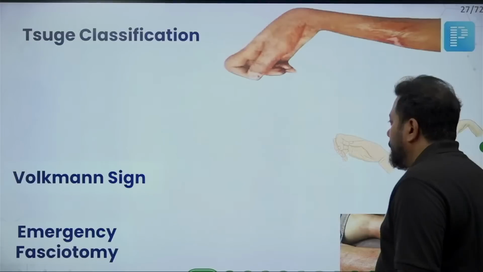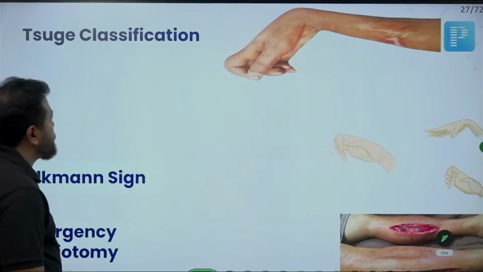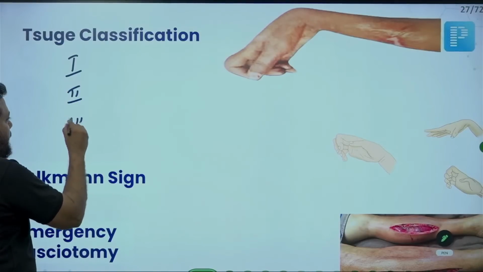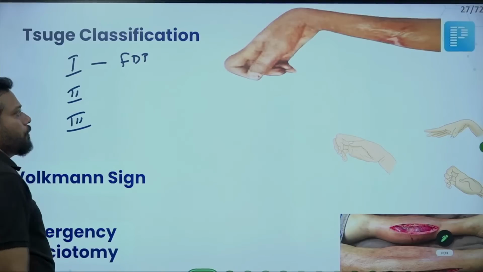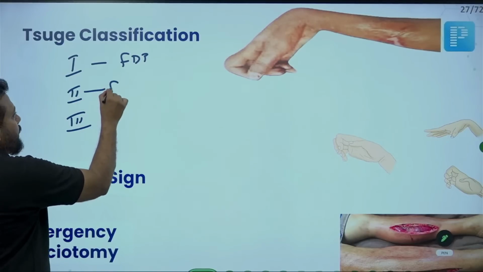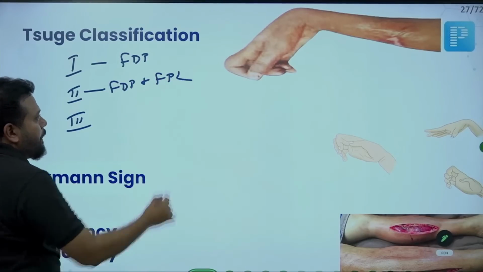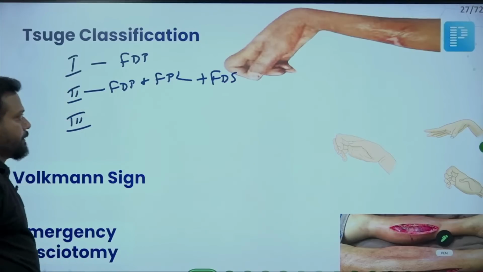Now, there is a classification for Volkmann's ischemic contracture, the Hughes classification. It is type 1, type 2, type 3. Type 1, only flexor digitorum profundus, FDP, alone is involved. Type 2, FDP plus flexor pollicis longus, FPL, plus flexor digitorum superficialis, FDS.